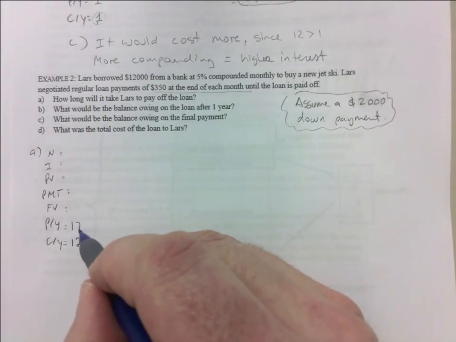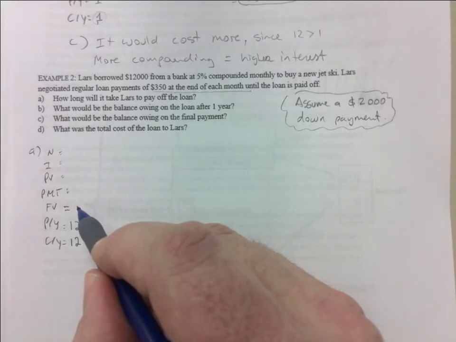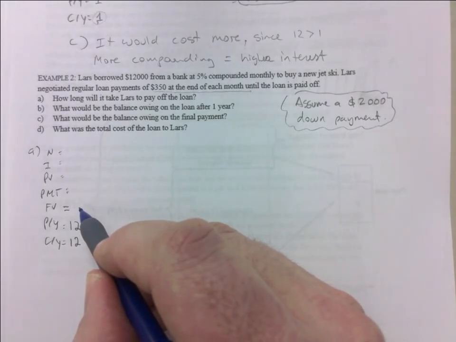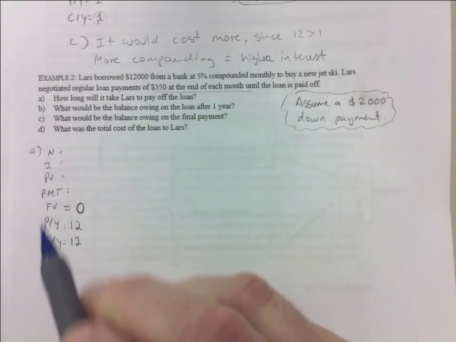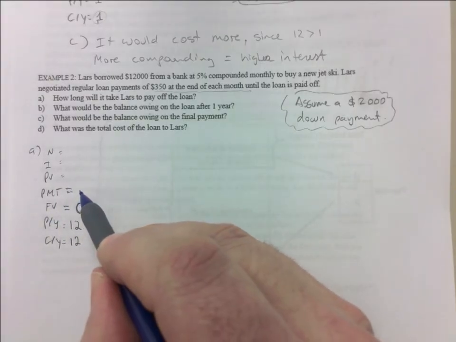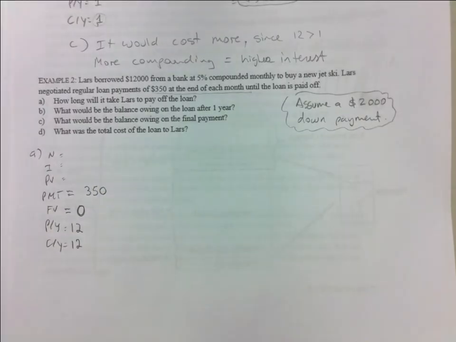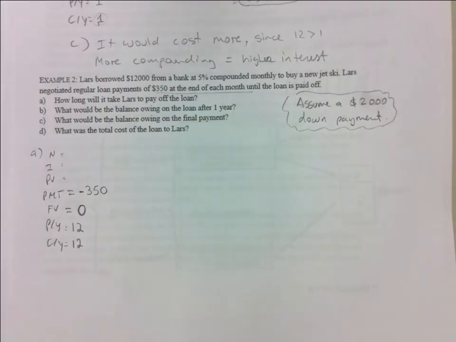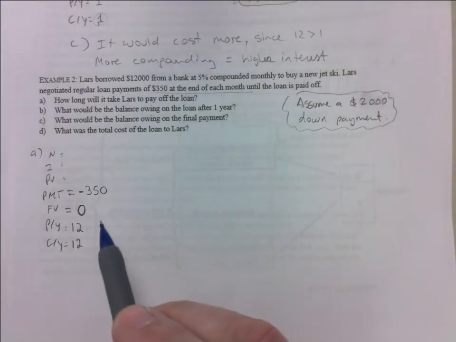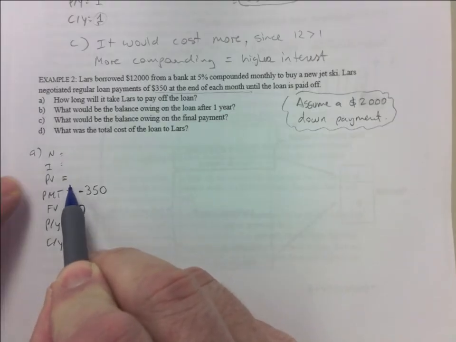So then you go 12. Future value, what is it going to be? We're trying to pay it off, right? As time goes by, so 0, okay? Payment, it's $350. However, it's very important that you know what sign goes with the $350. You're giving it to the bank. So just like investing, actually, it is also negative when you give it to the bank, okay? Except for there, you want to take it out at the end. What's my present value?